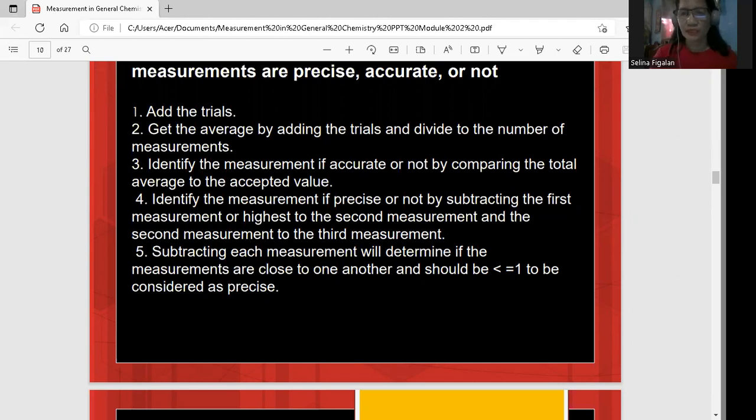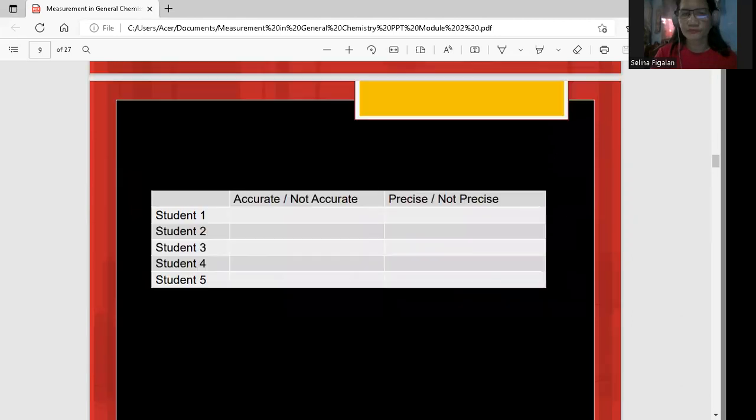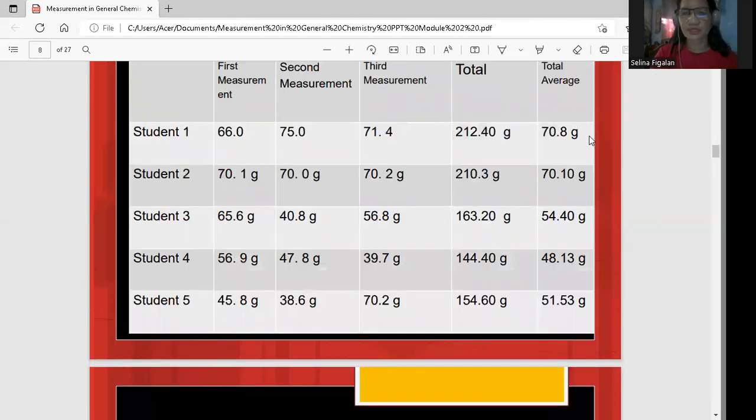So balik tayo dito sa inyong dito sa result. So 70.80 minus 70.10. So this is equal to 0.70, which is less than 1. So this is precise. Then 70.10 minus 54.40. This is not precise kasi masyadong malayo, more than 1. 54.40 to 48.13.